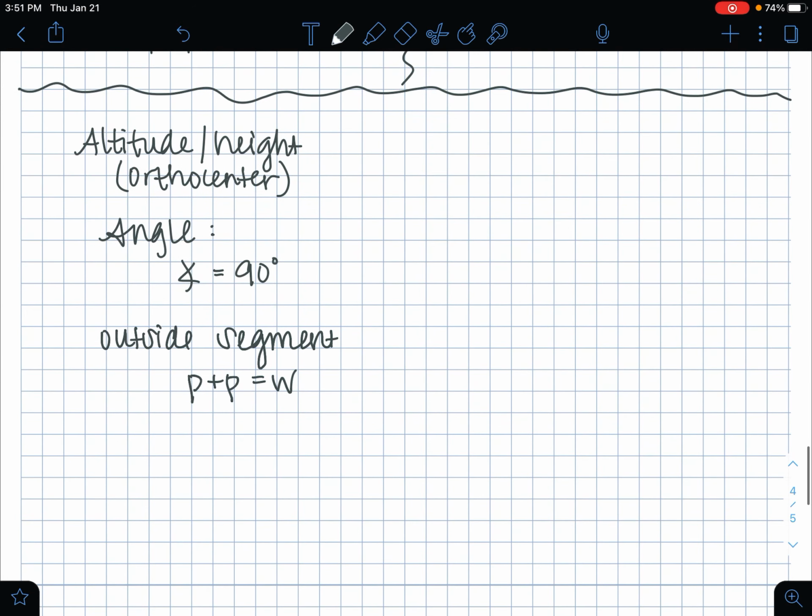And if it's an altitude problem, then you're going to need to use the Pythagorean theorem: a squared plus b squared equals c squared. Or if you want to write it this way, you can do a equals the square root of c squared minus b squared.